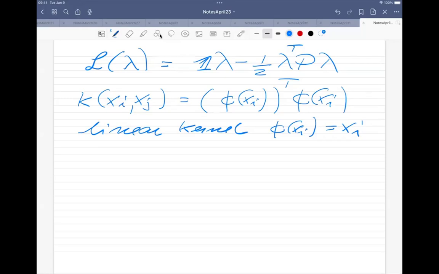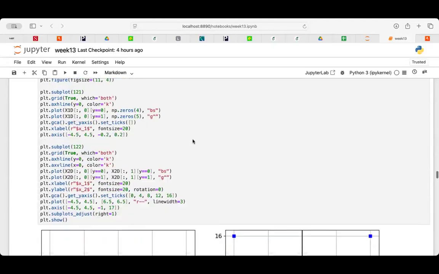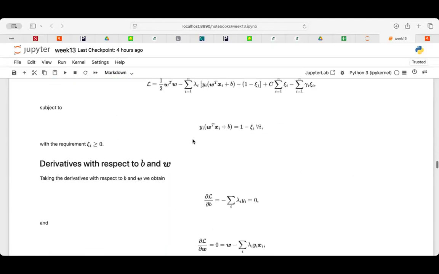But let's now go back to the Jupyter notebook and look back at some of the things we have done, because you will find essentially the same information I went through on the whiteboard here in the Jupyter notebook as well. So let's just take a look at the Jupyter notebook. And let's go back a little bit.